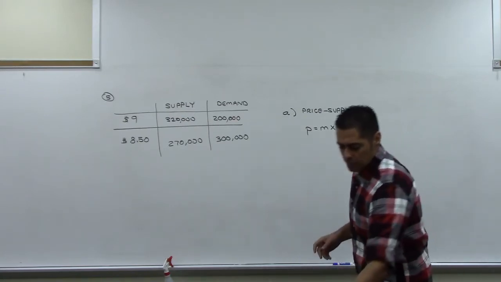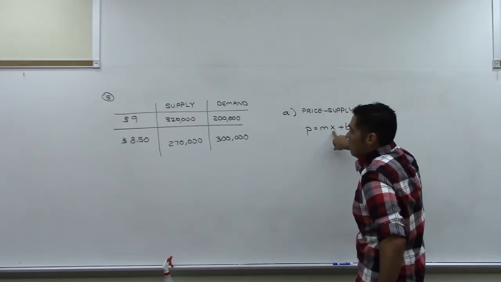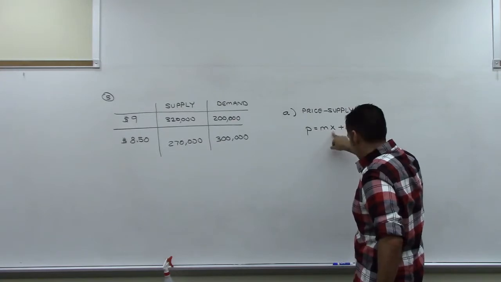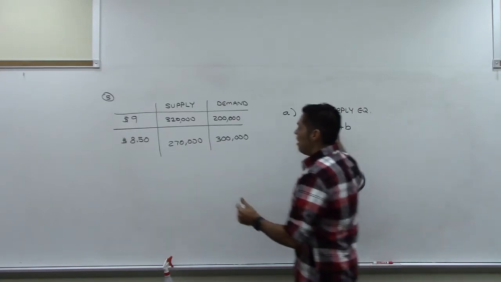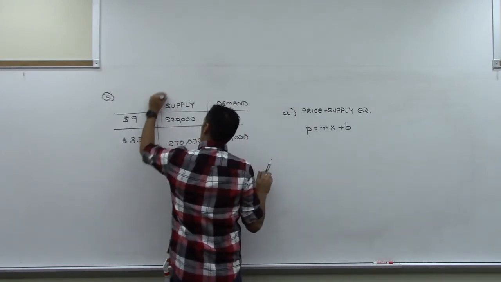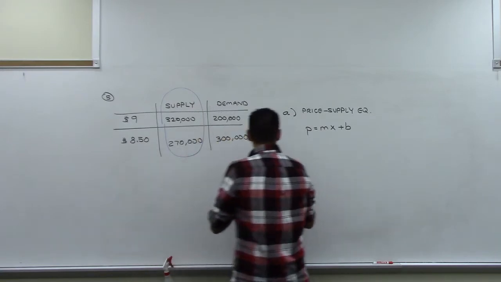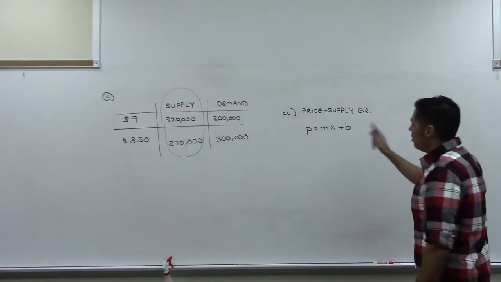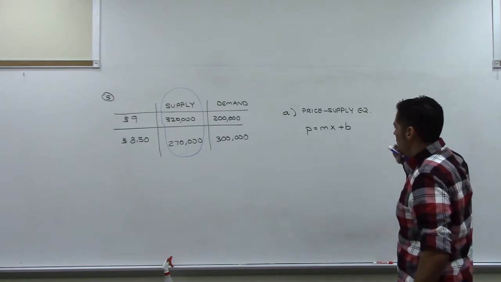All right, so that's an important little catch. That x is going to be the supply in thousands of boxes. So since we're talking about the price supply equation, we're going to be talking about just this information right here. Okay, so there's a line that tells me about how the price and supply are related.